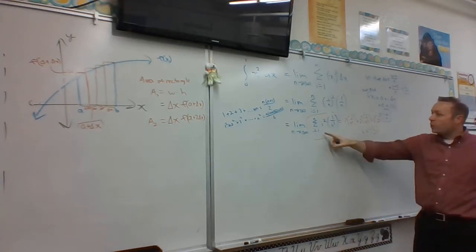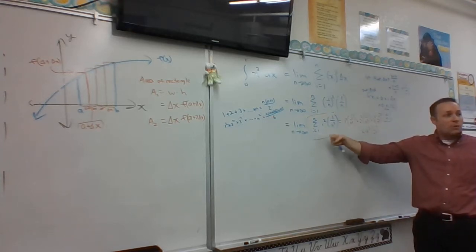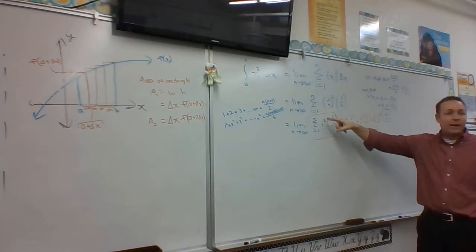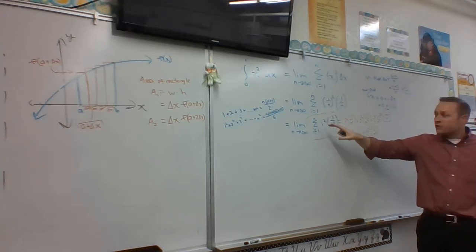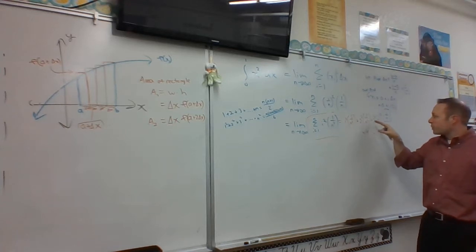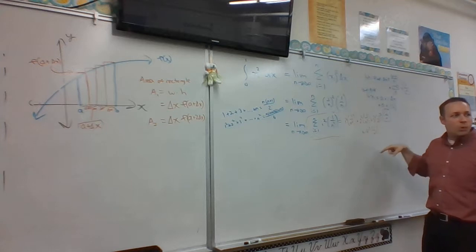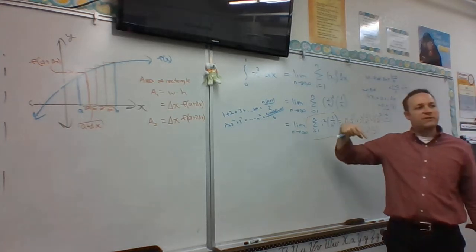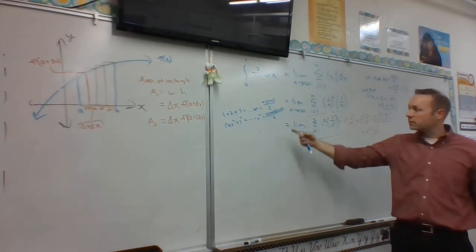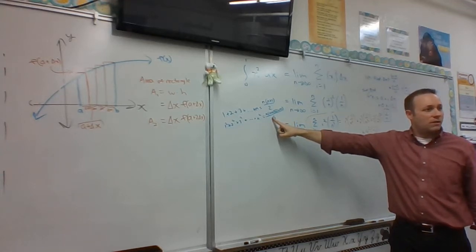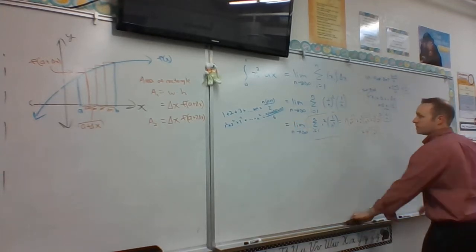Because how high are we going in terms of I? I is going all the way up to n, and I'm squaring I. So what I have is 1 squared plus 2 squared plus 3 squared plus 4 squared plus dot dot dot plus n squared. What is 1 squared plus 2 squared plus dot dot dot plus n squared? That. Okay, so check this out.